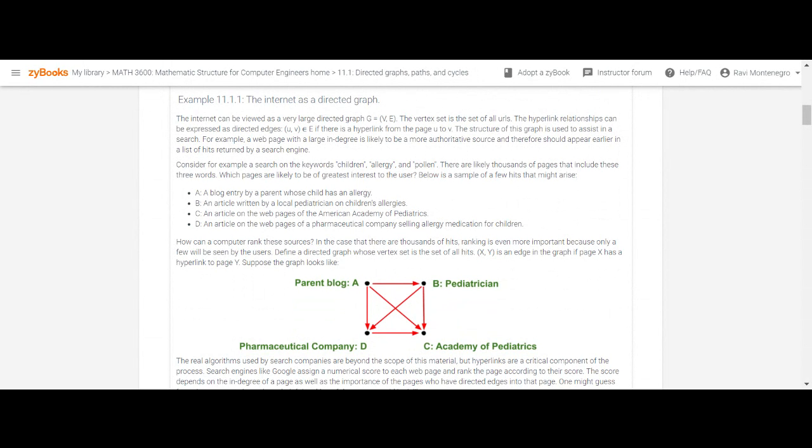However, that parent has links to those sites, depending on what they're talking about. Here it says the parent is talking about a child with an allergy. So they might have a link to their allergist. They might have a link to the drug company making the meds their kid takes. They might have links to Academy of Pediatrics talking about asthma.